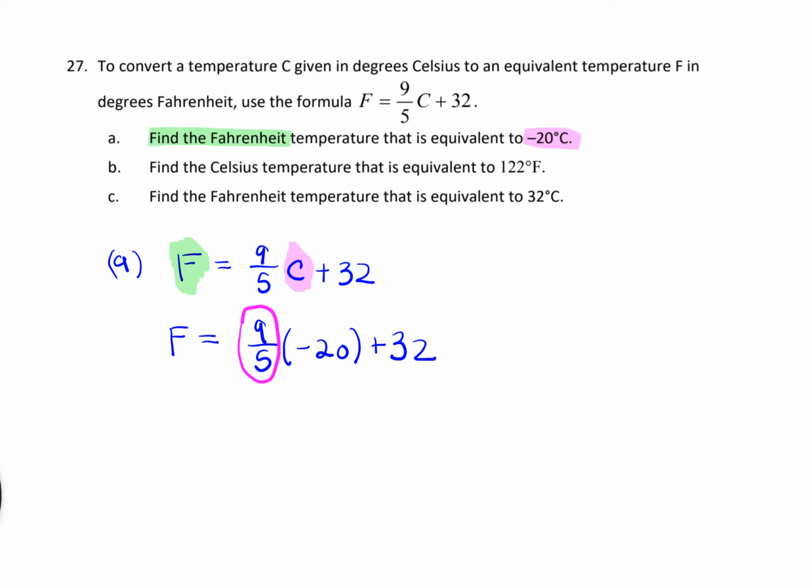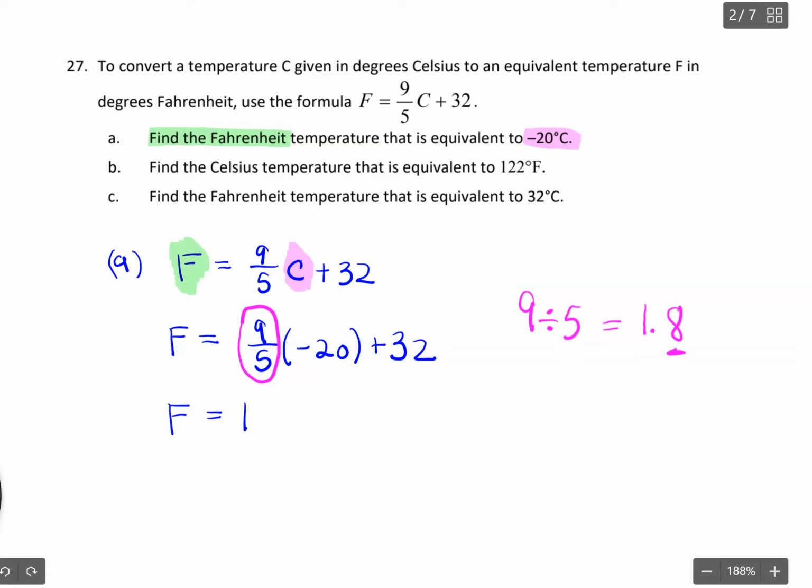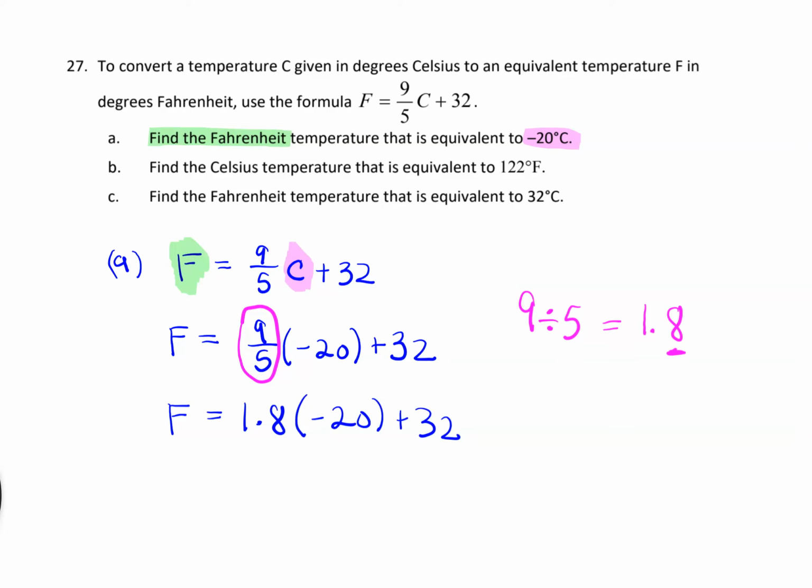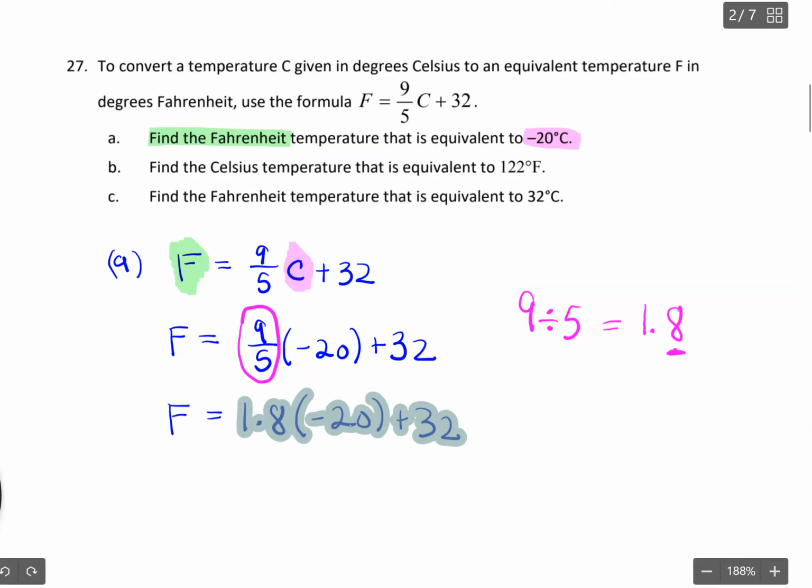If you divided the top number by the bottom number, you would get the decimal 1.8. And since it's a terminating decimal, you didn't have to do any rounding. You could, on a quiz or a test, rewrite that as 1.8 times negative 20 plus 32 if you were more comfortable with that. But again, on my math lab, you'd have to keep that in fraction form. So I'm going to do fraction form just to help you out there.